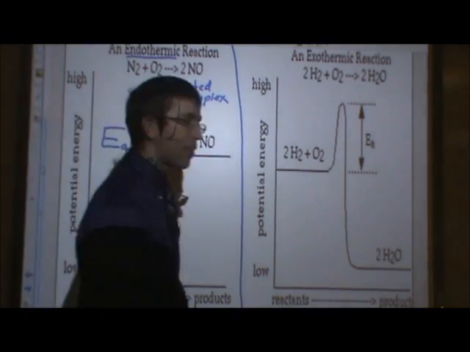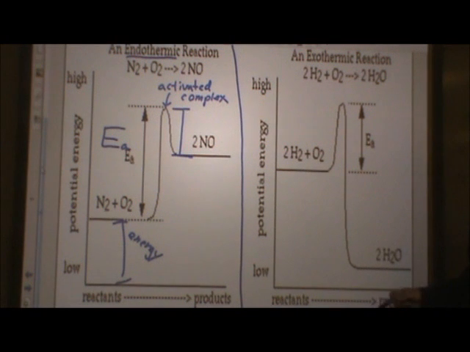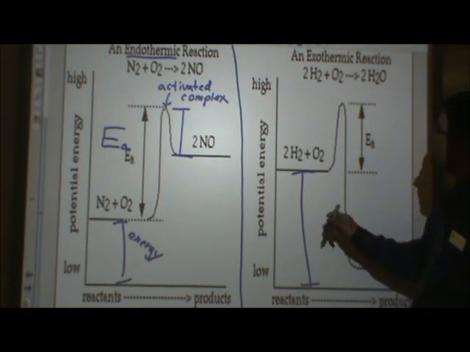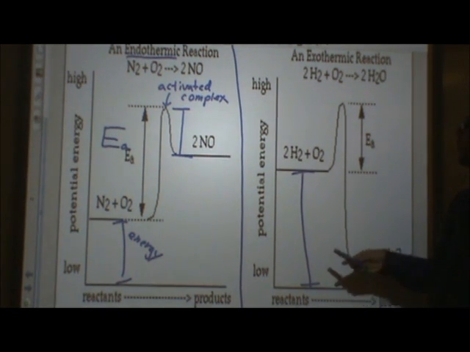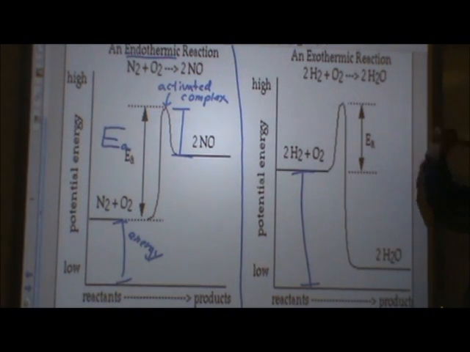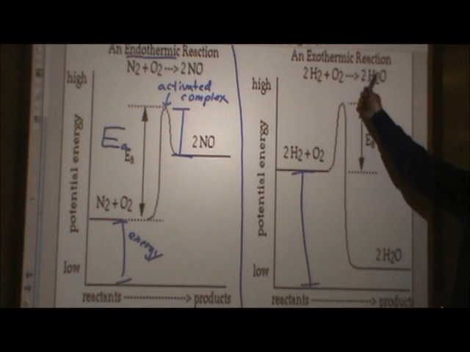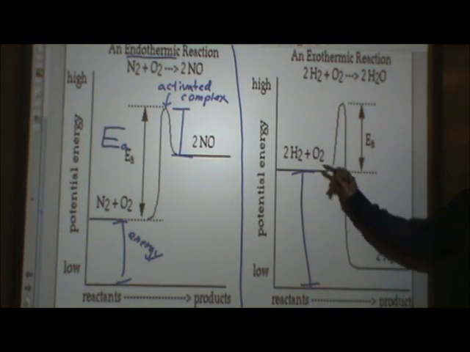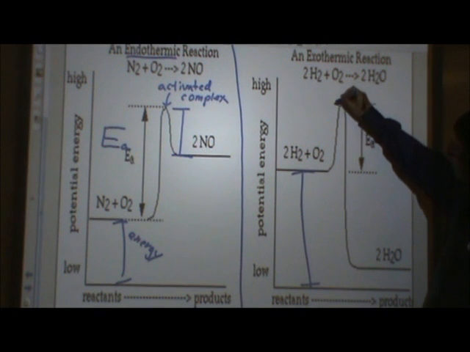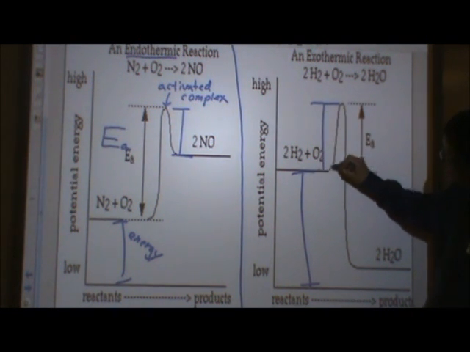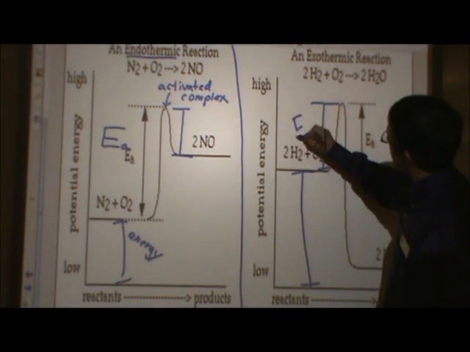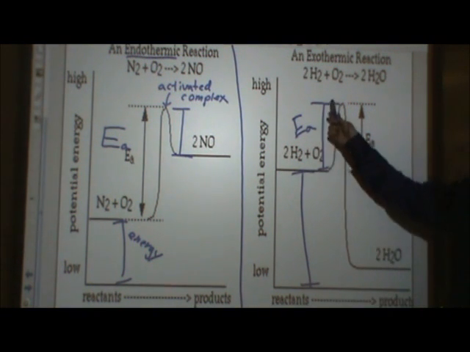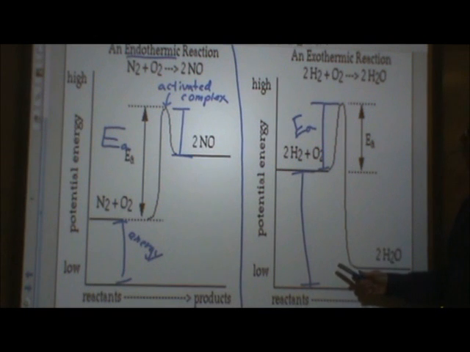If I go to the other side here, this is how much energy we're starting with, how much energy is present inside the hydrogen and oxygens. For this reaction, I've got hydrogen gas plus oxygen gas gives us water. We've done this one before. So this is how much energy we already have. Right here is your activation energy. Here's how much energy must go in.